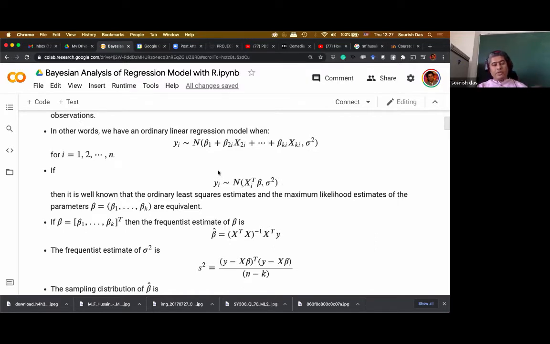If you think of it in matrix notation, then your y will be y1, y2, to yn, your means will be x1 transpose beta, x2 transpose beta, to xn transpose beta, and sigma square will become an n by n covariance matrix whose diagonals are all sigma square and off diagonals are 0, because you are assuming these y i's are all conditionally independent given the x i's. So you can write y follows.